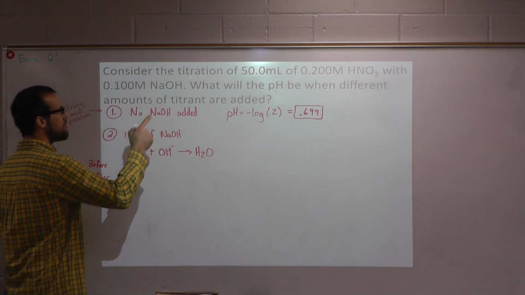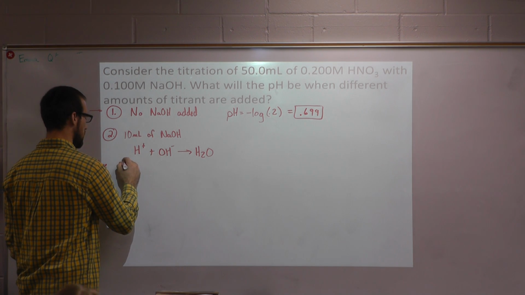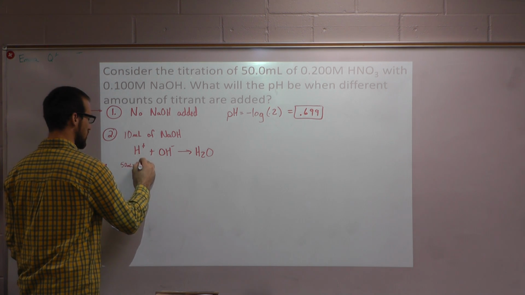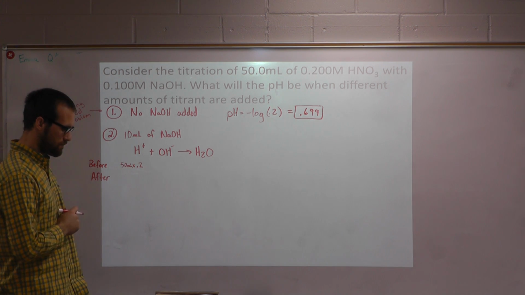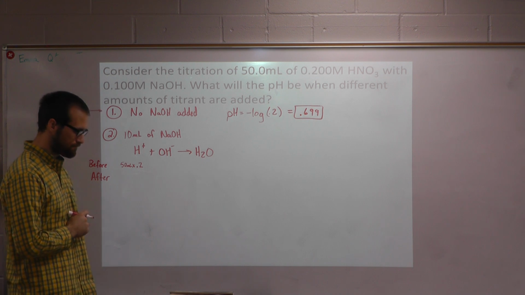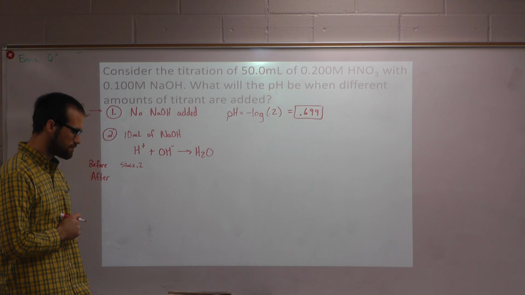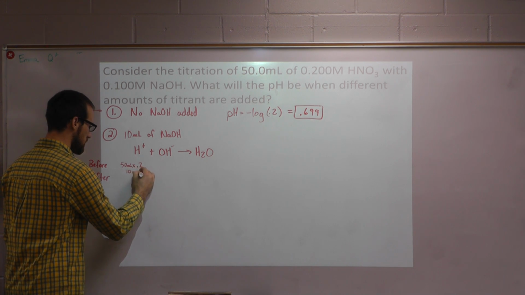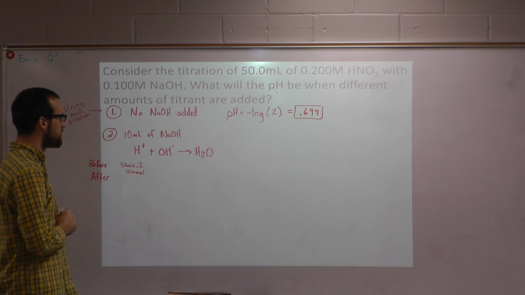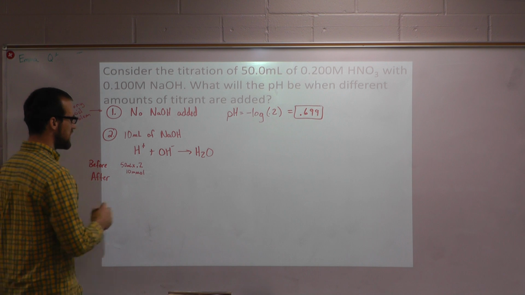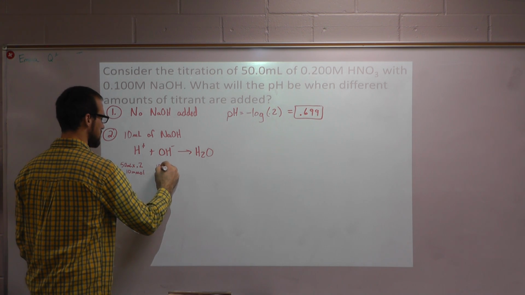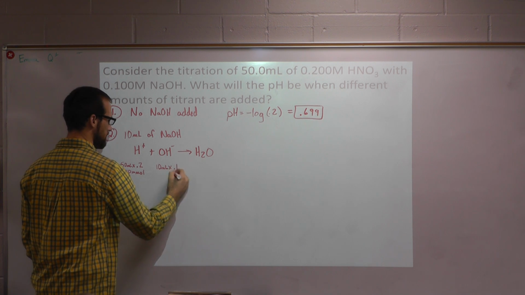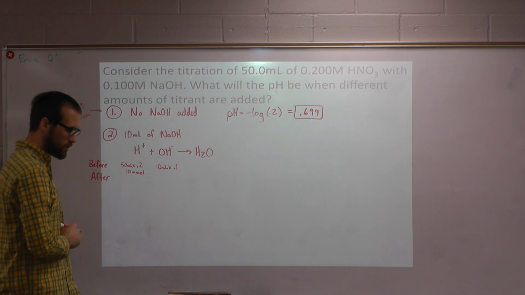Okay? For our acid, 50 times 0.2 will give me we'll need 10 millimoles. And I added 10 milliliters of NaOH, so 10 times 0.1 gives me 1 millimole.